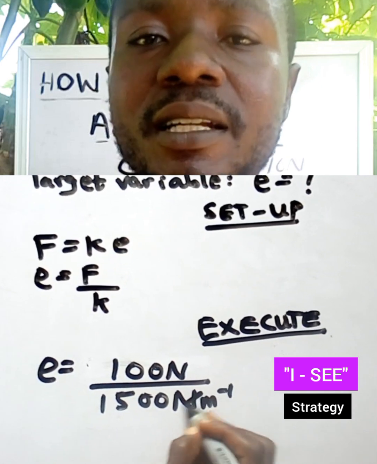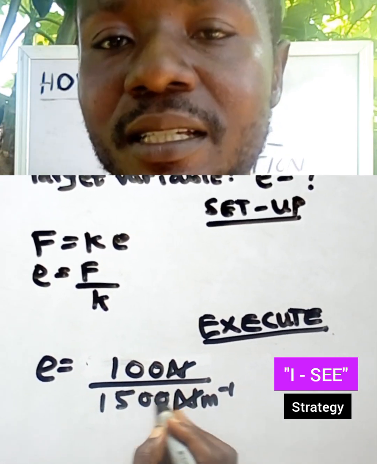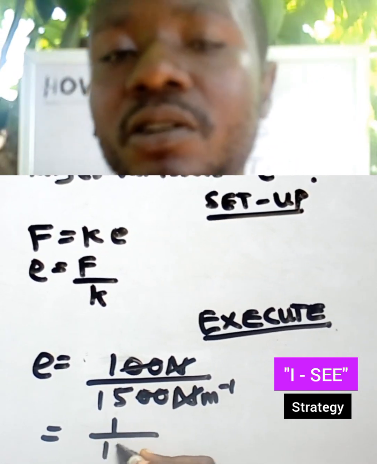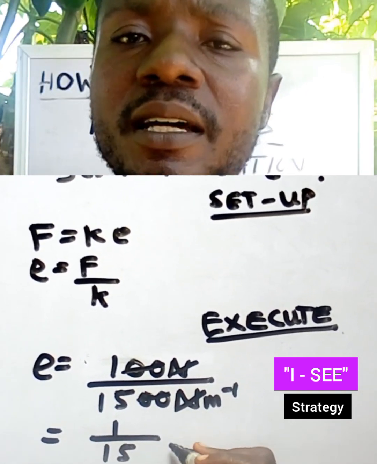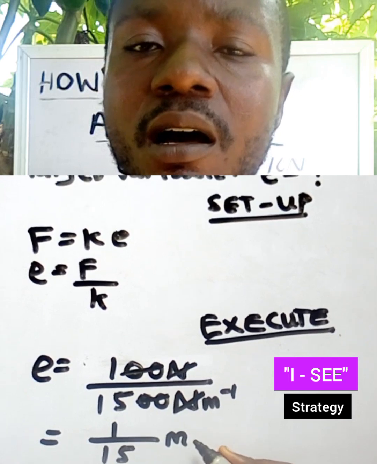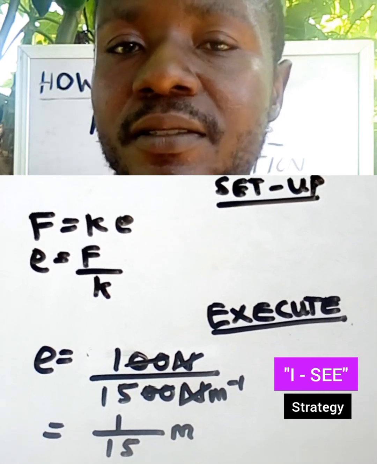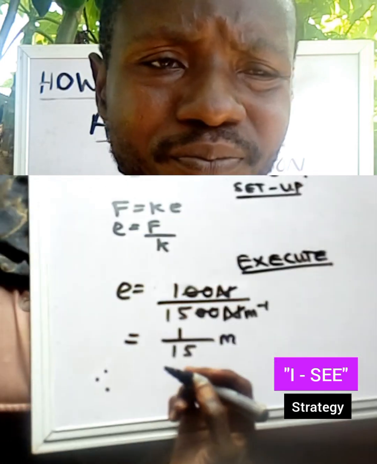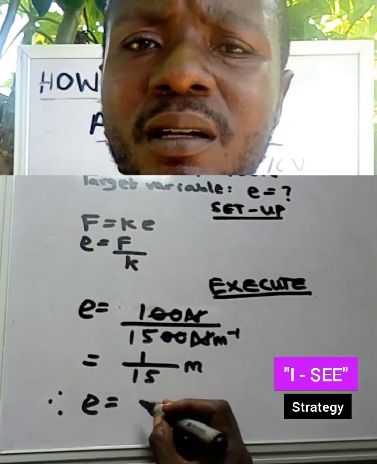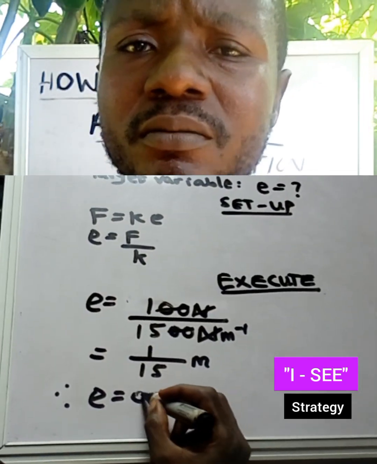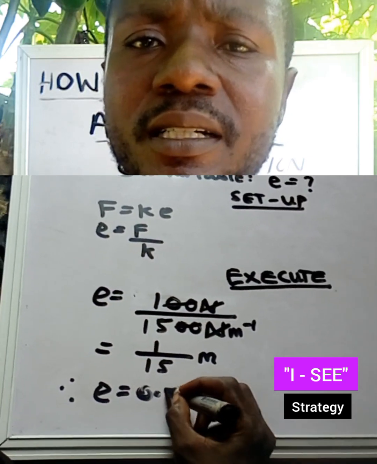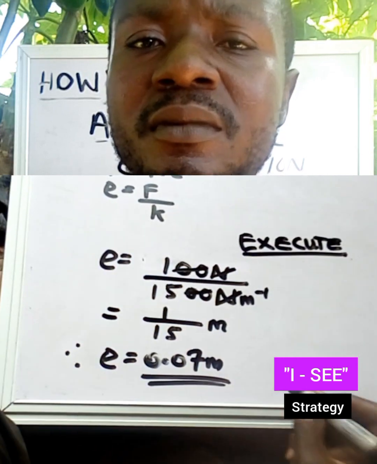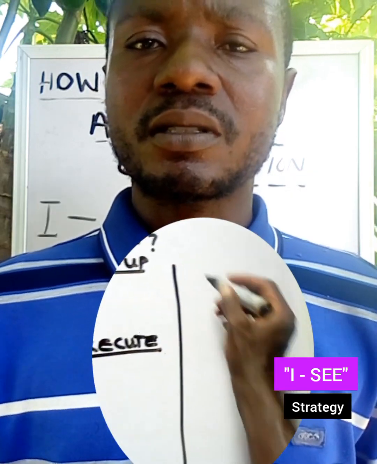Newton cancels Newton, so our E will now be equal to 1 over 15 meters. Remember that the reciprocal of per meter gives us meters. That is why the SI unit for extension here is meters. If you divide 1 by 15, we get 0.07 meters. Therefore the extension is 0.07 meters.